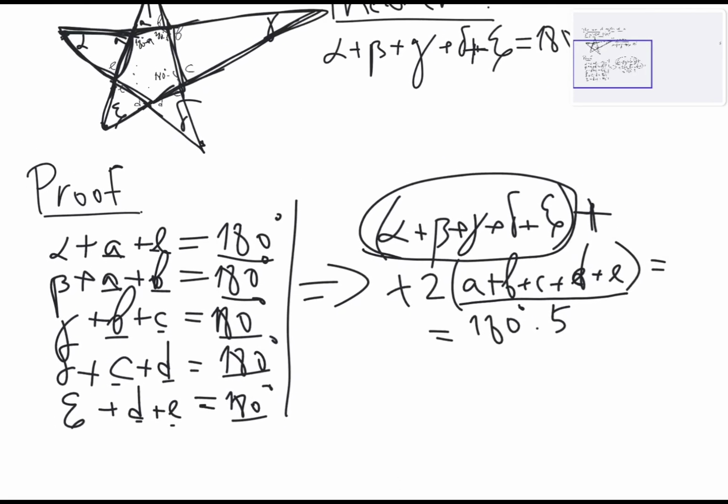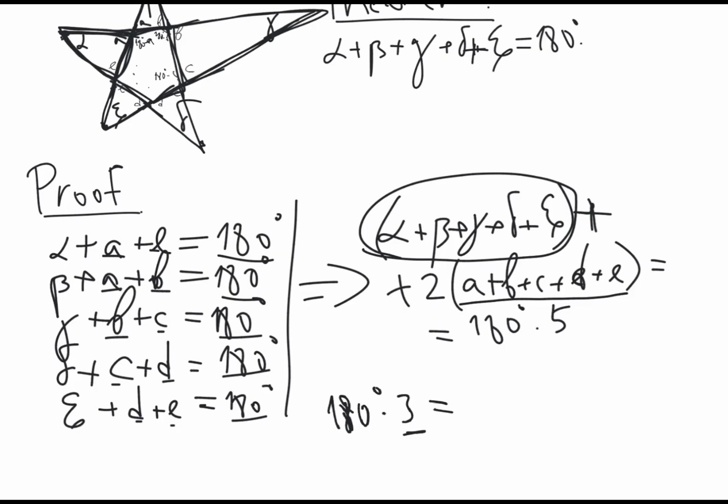So the sum of angles in a pentagon is 180 degrees multiplied by 3, like in any pentagon, because in a polygon it's 180 degrees multiplied by n minus 2, where n is the number of vertices. So in a pentagon we have 5 vertices, so 5 minus 2 is 3.